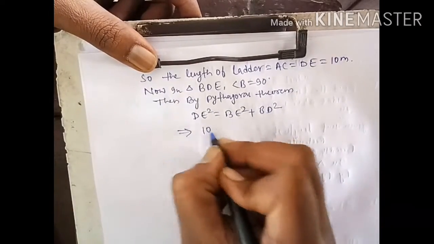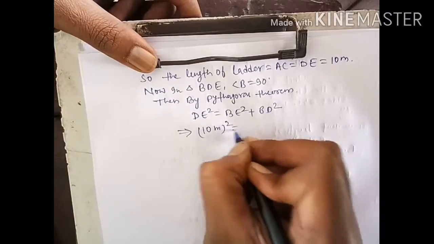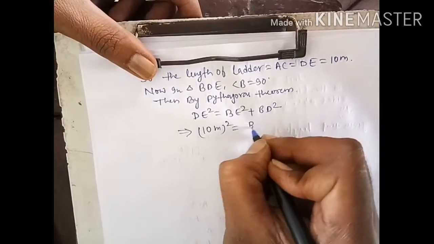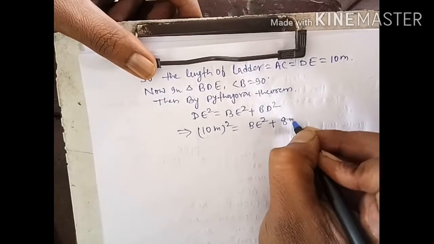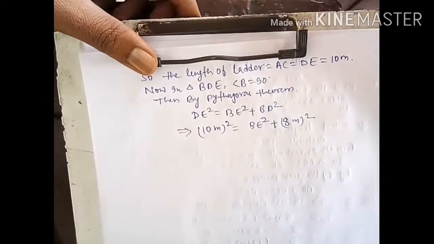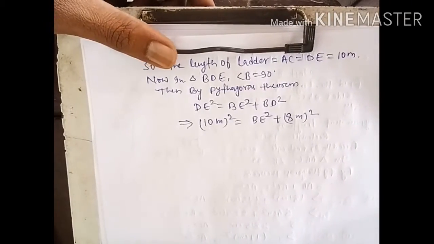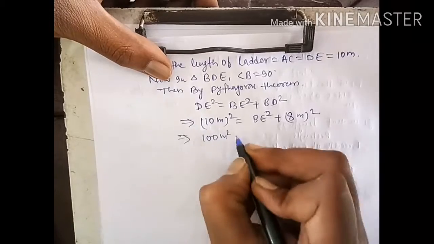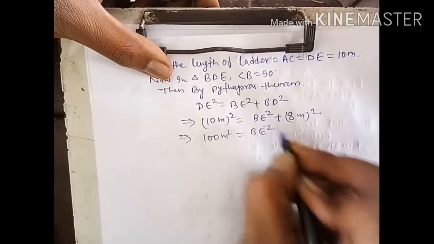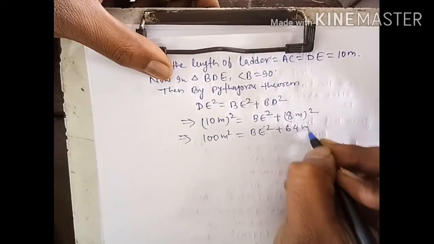Here DE is equal to 10 meter, which is the length of the ladder, and BE is not given, and BD is equal to 8 meter whole square. Is it clear? BD is equal to 8 meter square. So 100 meter square is equal to BE square plus 64 meter square.